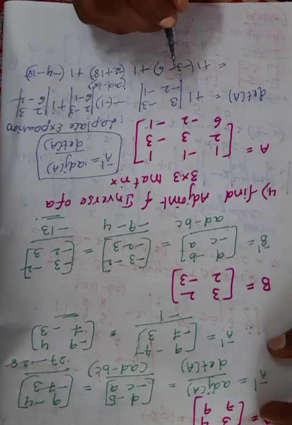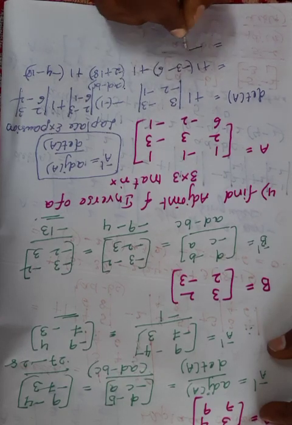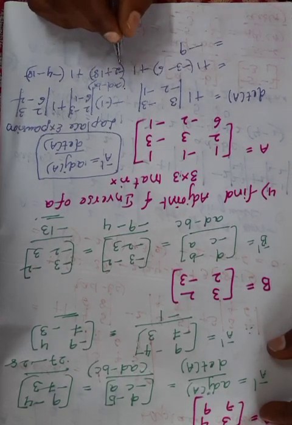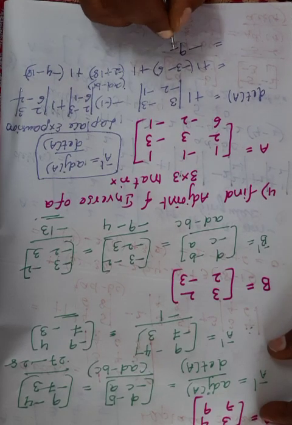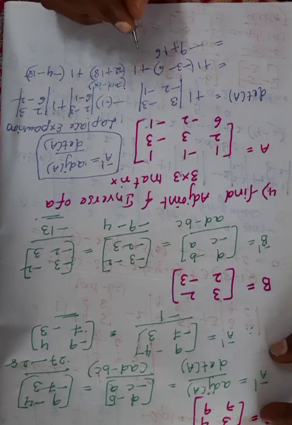Next simplify. 3 minus 3 minus 6 is minus 9. 18 minus 2 is 16. 18 minus 18 minus 4 is minus 22.